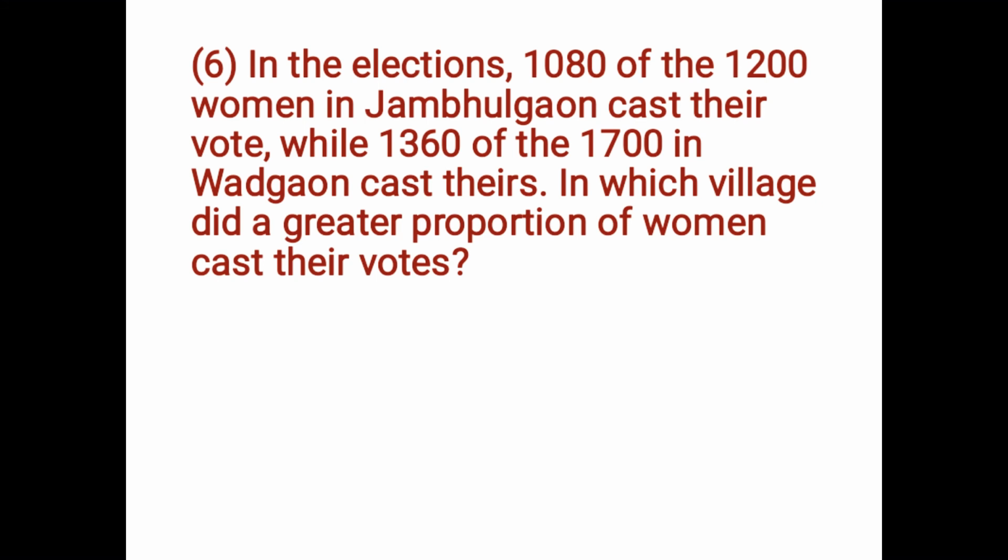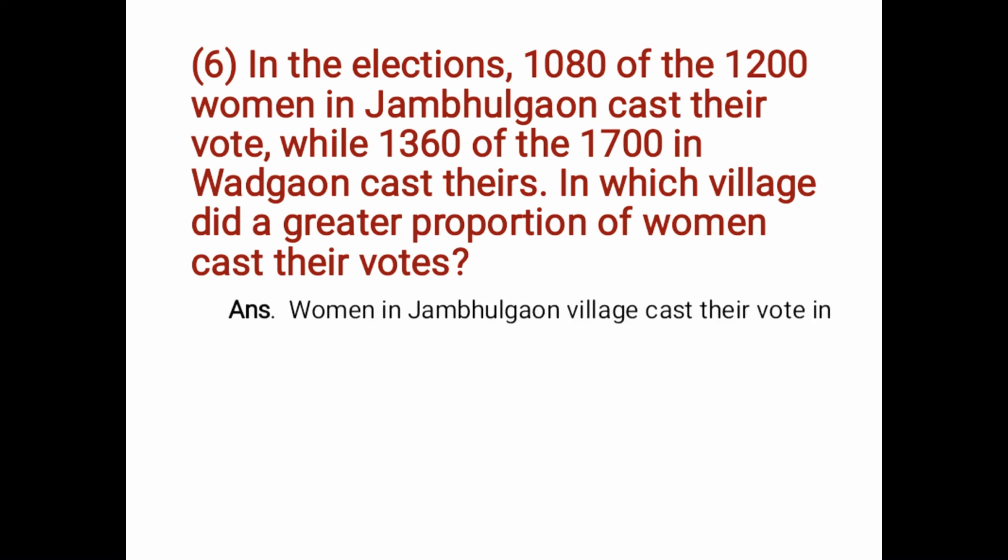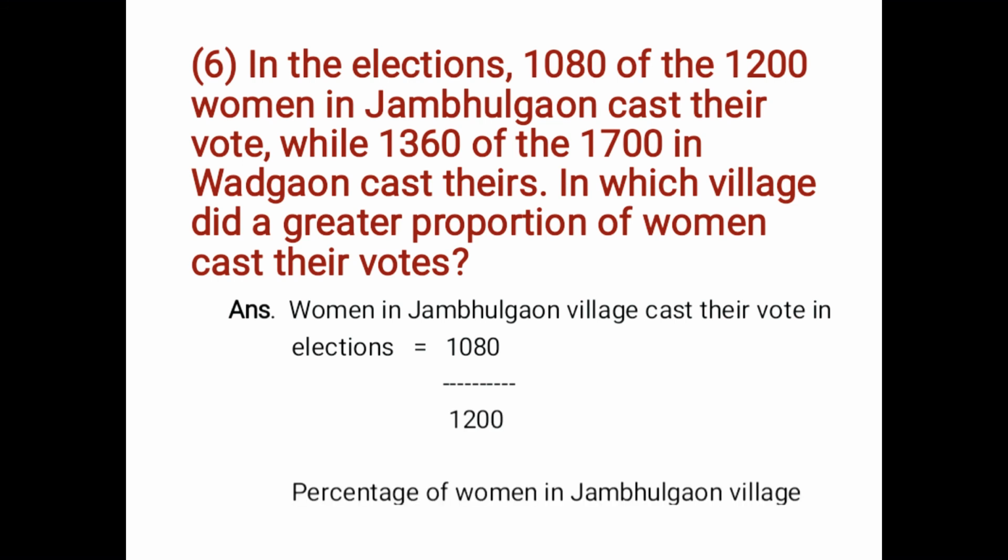Okay, so let us write the statement. Women in Jambulgaon village cast their vote in elections is equal to 1080 out of 1200. Then you will find the percentage. The starting statement will be here.